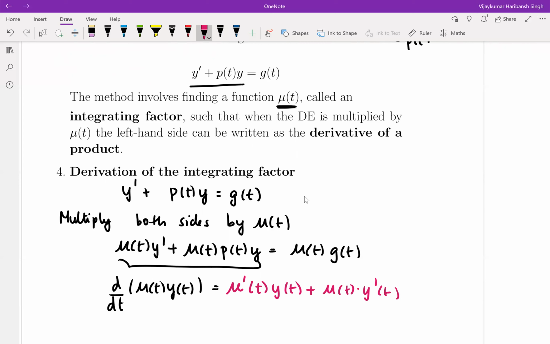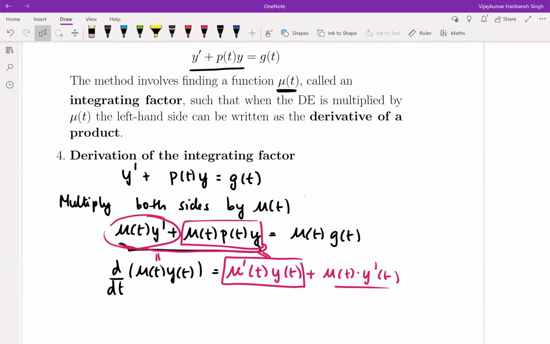So now if you compare these two, if this side was supposed to look like d by dt of mu of t y of t, what should have happened? This part is equal to this part, and that's fine. But these two should also be equal. So what should have happened is that mu of t times p of t should have been mu prime of t.